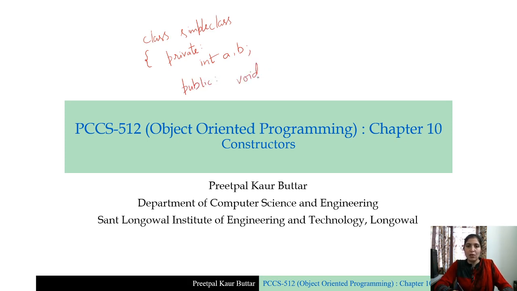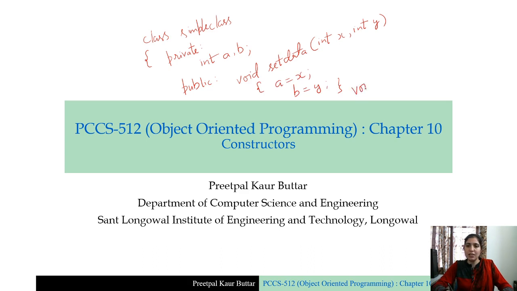One was void set data, and its function was to initialize the values of A and B. So A equal to X and B equal to Y. So this was the function set data.